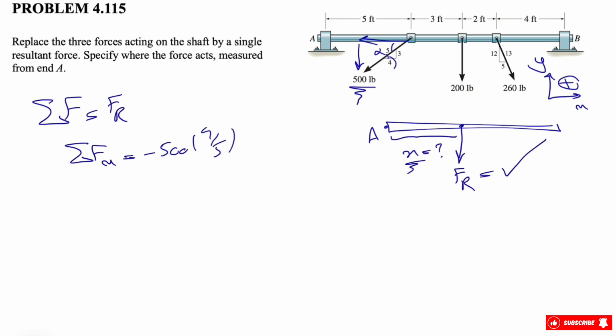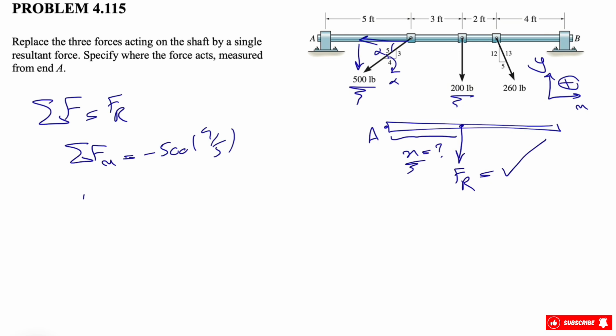So this angle in here will be alpha, which the cosine will be 4 divided by 5. The second one, the 200-pound force, obviously is in y direction, so it wouldn't have any x component.